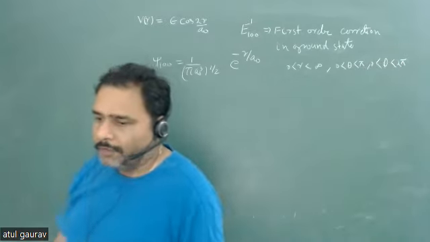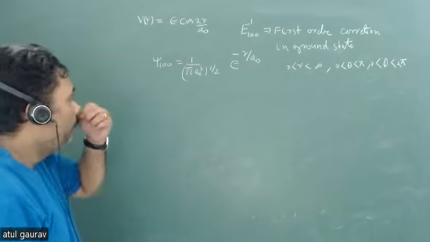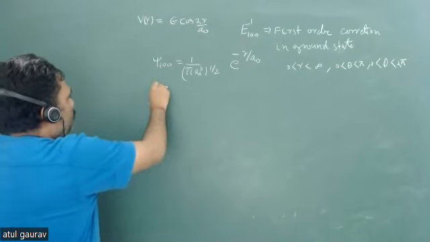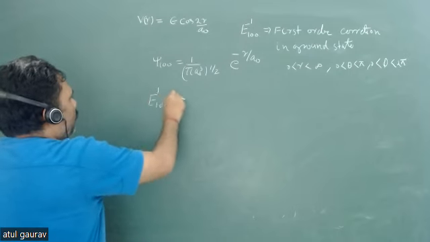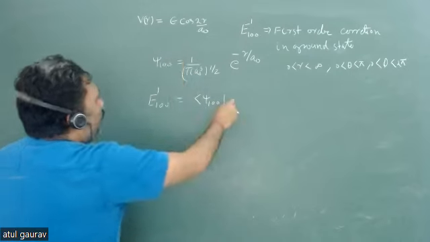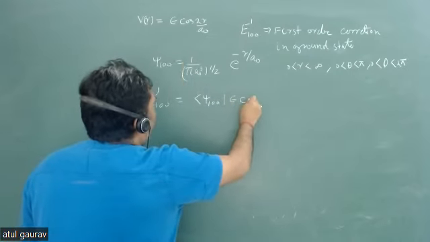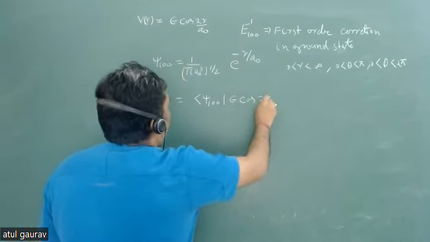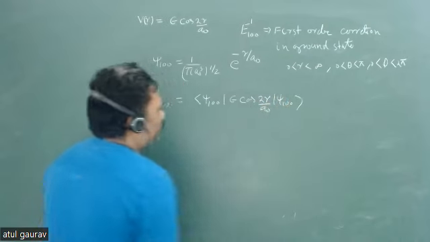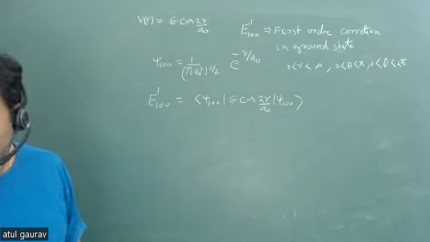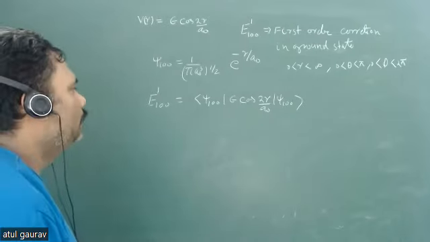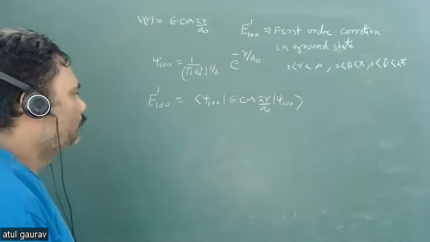So let's try to go for perturbation E1001. That is nothing but psi 100, and you have to calculate epsilon cos 2r upon a naught psi 100. So this is your E1001. This is your perturbation term. Now we have to go for integration term.